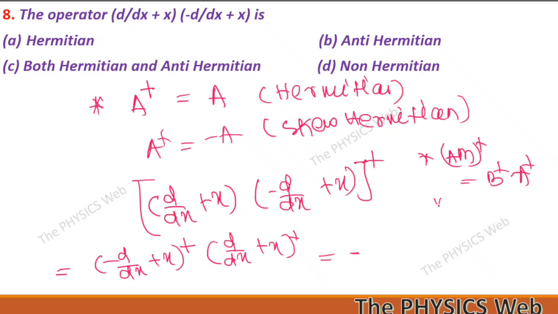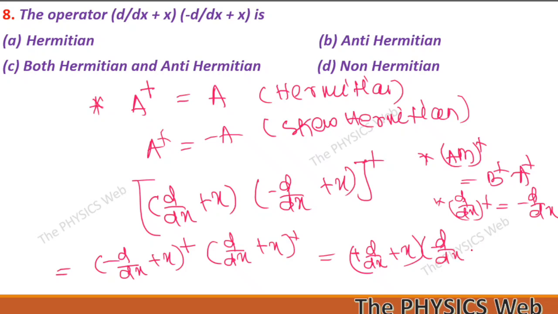We know that (d by dx) dagger equals minus d by dx. So this will be minus, and from here there will be one more minus. So it will be plus (d by dx plus x), then from here minus (d by dx plus x). Okay. So you can see the dagger of the whole expression gives us the same expression. Okay, so this will be Hermitian. So the given operator is Hermitian. So A is your correct option.